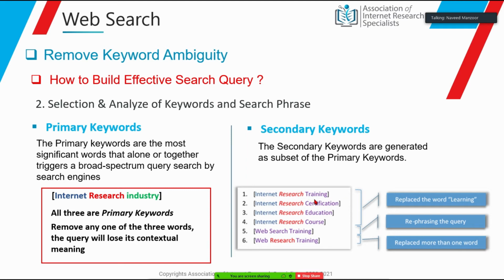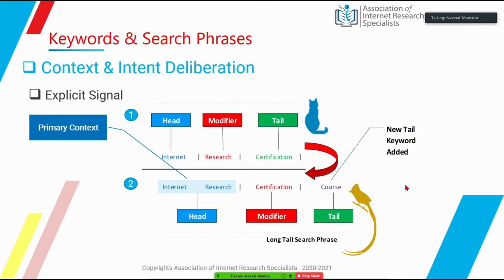This means the secondary keywords can be changed, substituted, or eliminated, or more words could be added, but nothing would change when you are talking about internet research as two words together being primary keywords. And that's what needs to be distinguished when you're creating or delegating your search to someone.